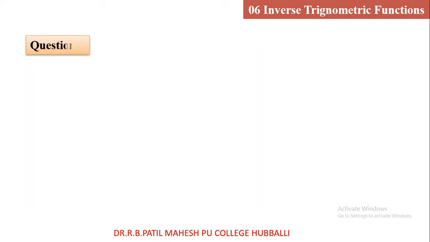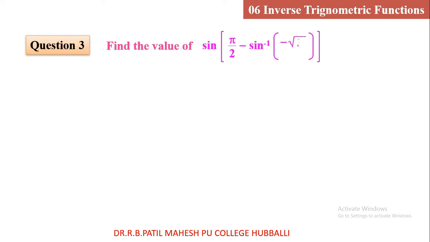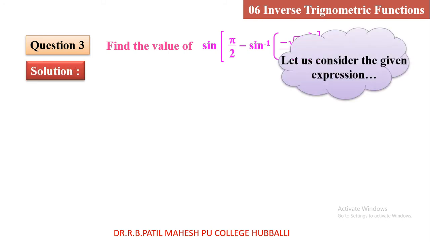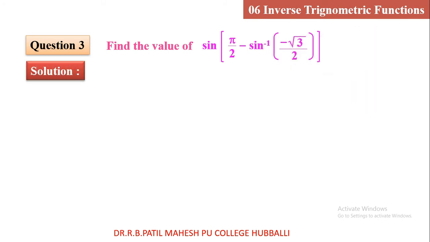Question number 3. Find the value of sine of pi by 2 minus sine inverse minus root 3 divided by 2. So this is a question that we have to solve. Let us consider the expression once again. Sine of pi by 2 minus sine inverse of minus root 3 by 2.